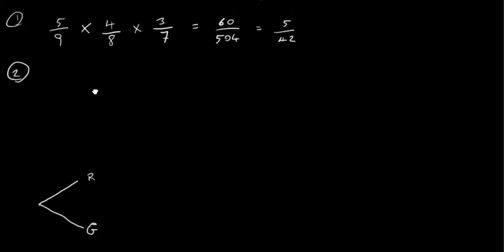So we're going to start here, we're going to go here and here. This is our first pick here. So what can happen? We can either get a red bead or we can get a green bead. Okay, so we're going red or green. Now, if we picked a red bead first, on our second pick, we still can pick a red or a green bead here.